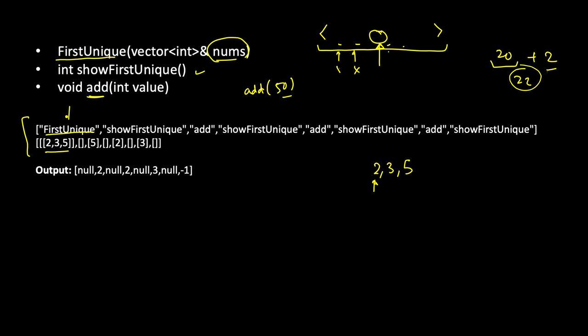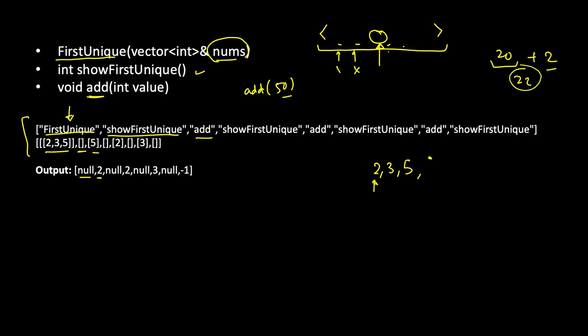The constructor will not return anything, it will just store the numbers, so the output is null. When you call showFirstUnique, it does not take any arguments, so this empty bracket. At this point of time, 2 is the first unique number. 3 and 5 are also unique, but they are second and third. So you return 2.